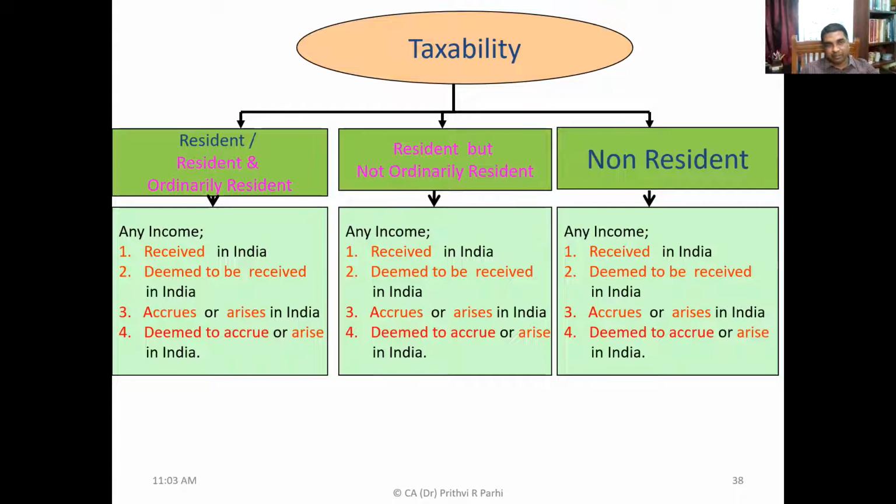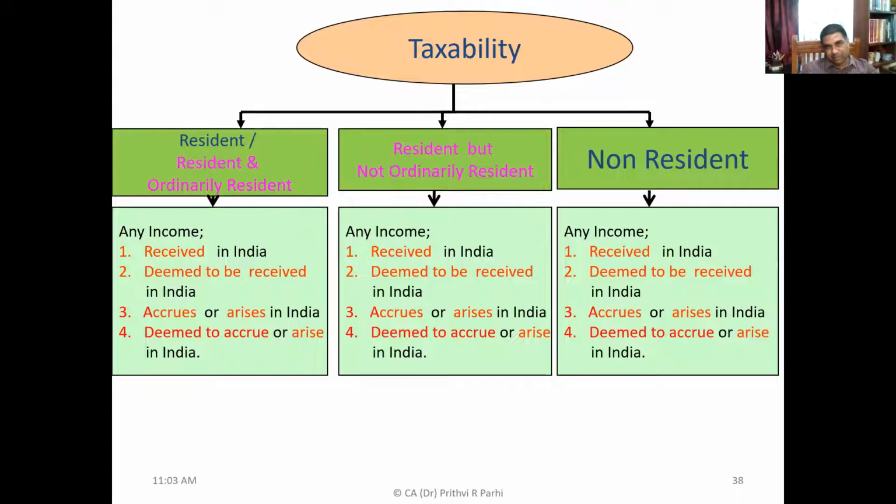Can you read it? Point 1: any income received in India. Point 2: deemed to be received in India. Point 3: accrues or arises in India. Point 4: deemed to accrue or arise in India.